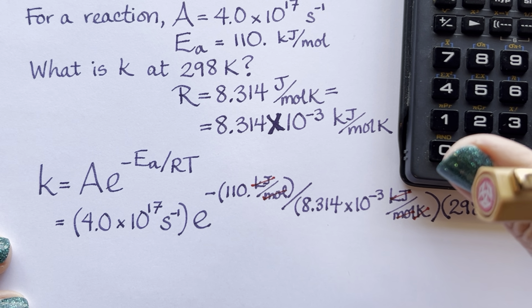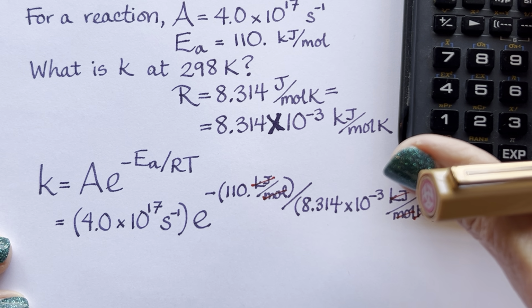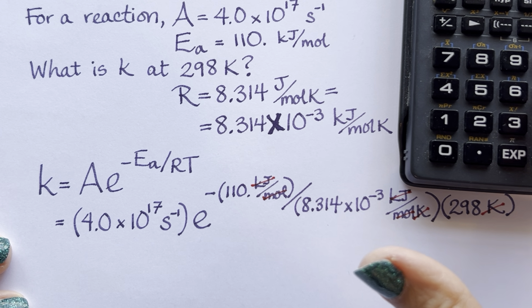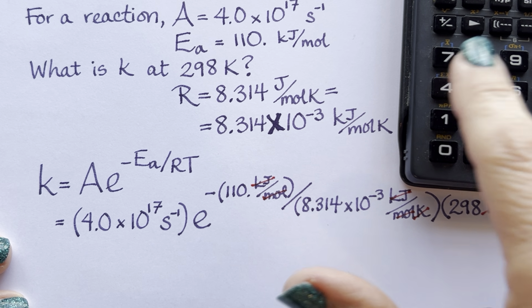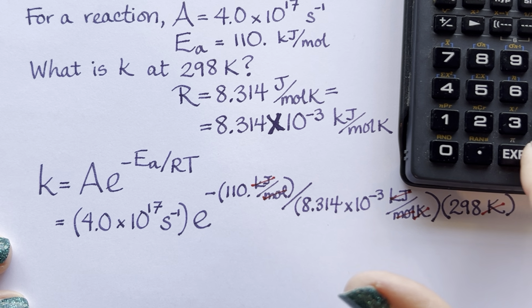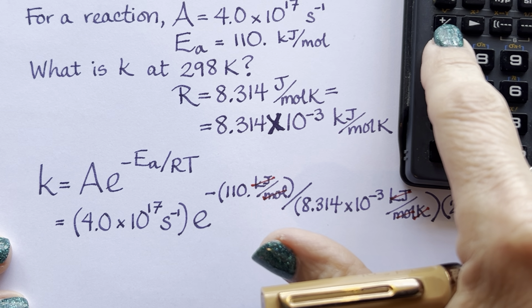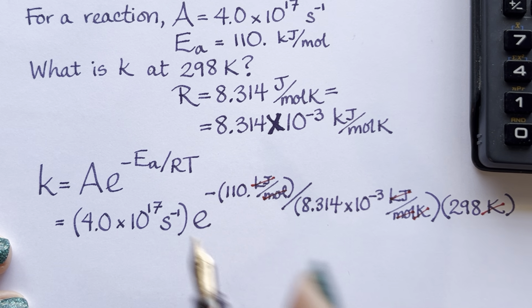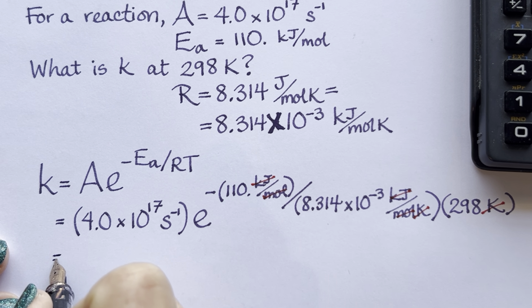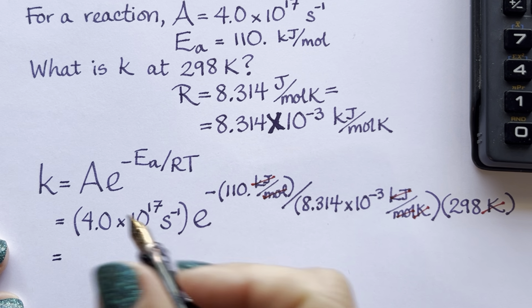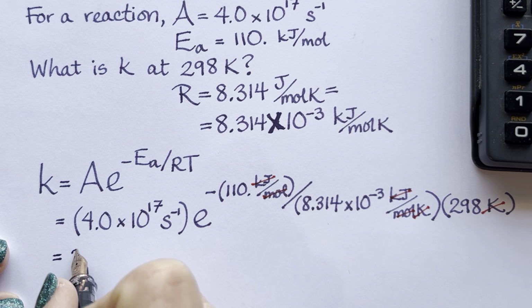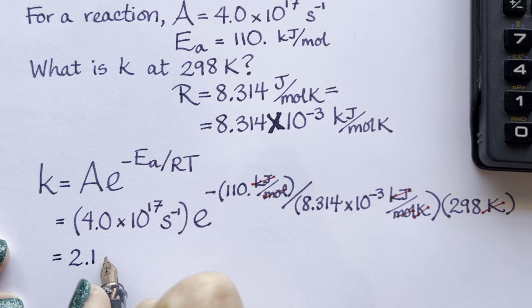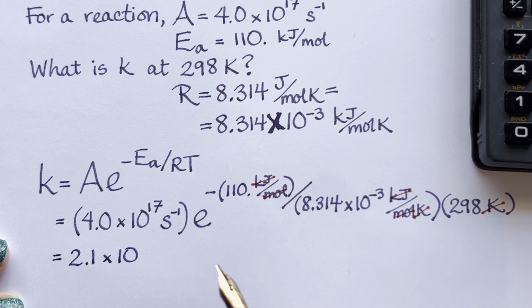Then e to the x of that, and then times 4, 10 to the 17th. We have 2 sig figs in our final answer, and it is 2.1 times 10 to the minus 2 per second.